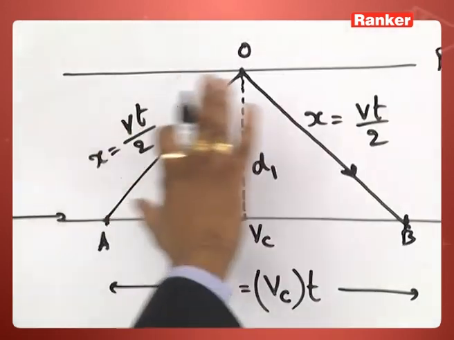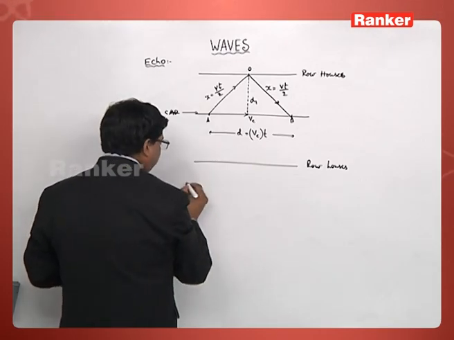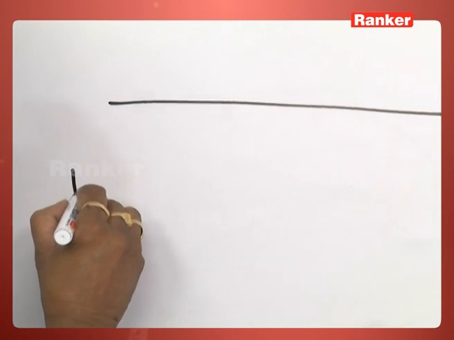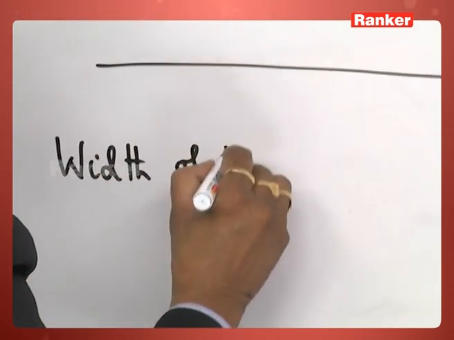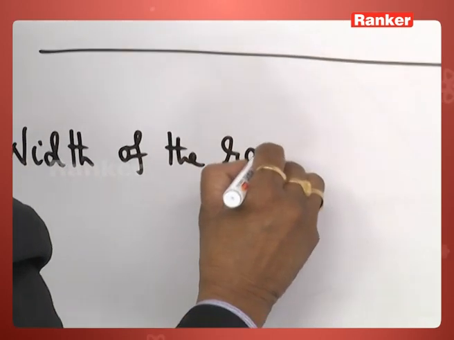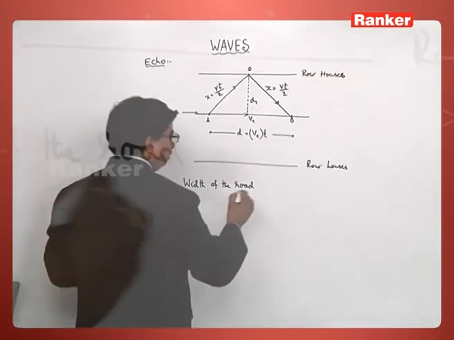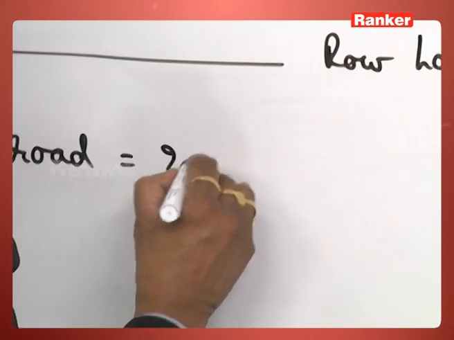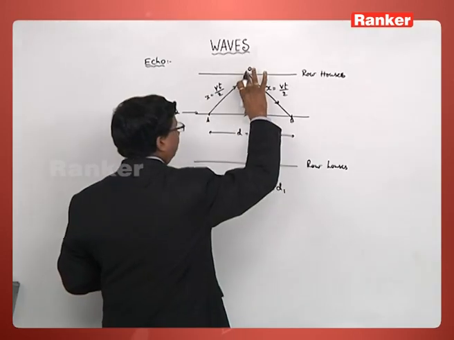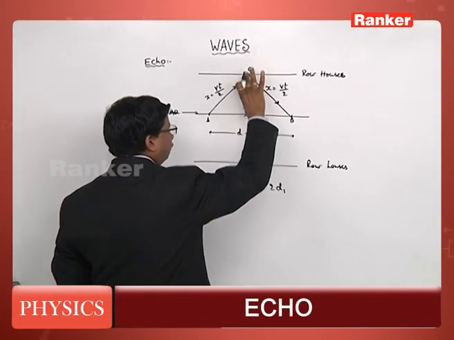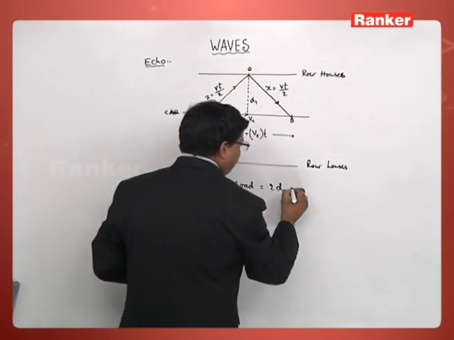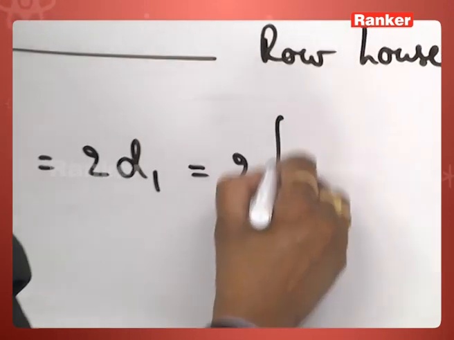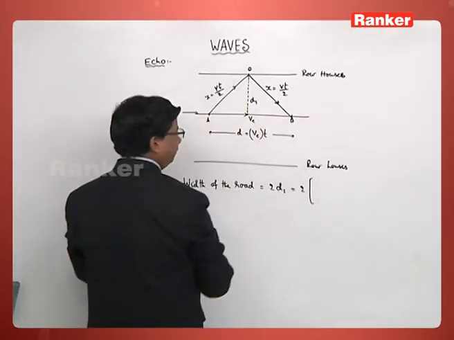So one can understand from this total description the width of the road, suppose if we want, should be twice D1. These two distances are equal. So twice D1, then how to calculate the value of D1 is the question.